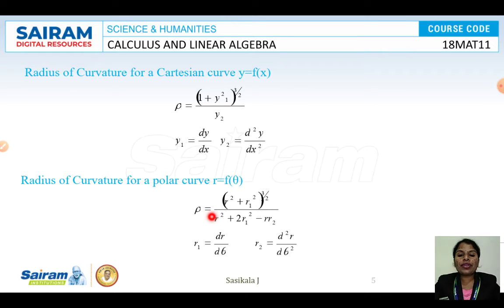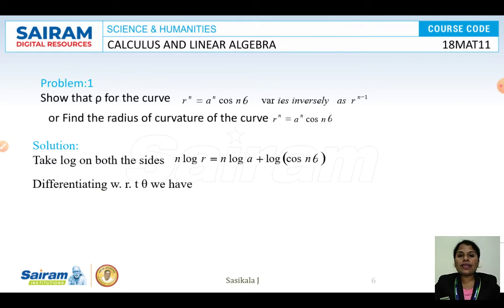Rho is equal to (r squared plus r1 squared) whole power 3 by 2, divided by r squared plus 2 r1 squared minus r r2. Here r1 is dr by d theta, and r2 is d squared r by d theta squared. So these are the two formulas for finding the radius of curvature.